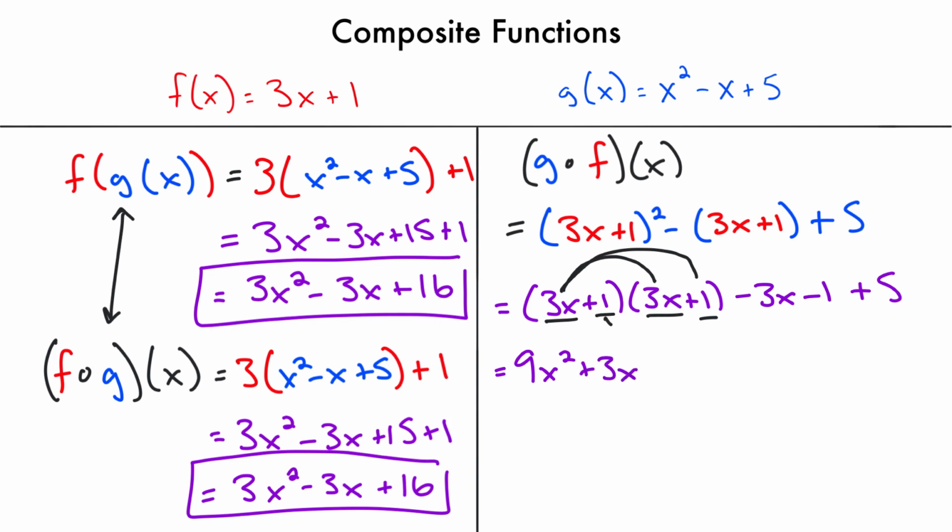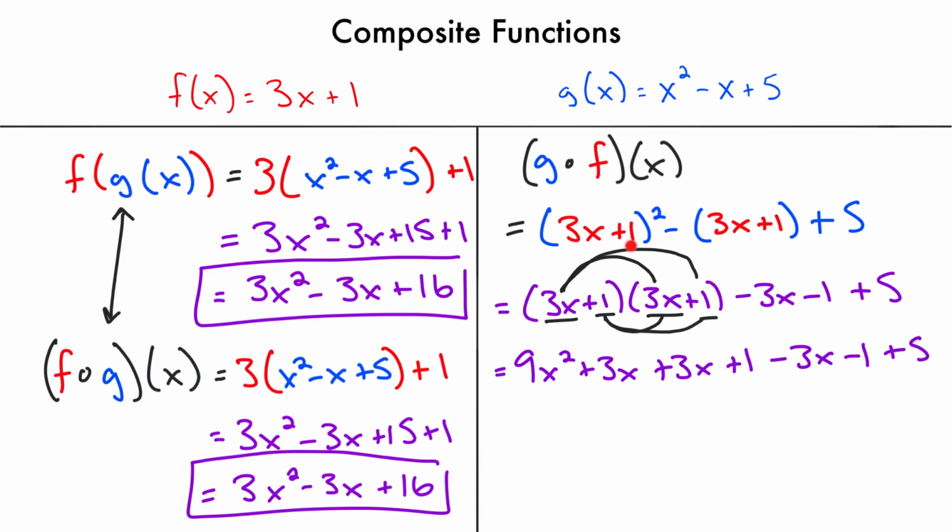Then we take the second term and multiply it by the first term. 1 times 3x is 3x. And then last we take the second term and multiply it by the second term. 1 times 1 is 1. And minus 3x minus 1 plus 5.